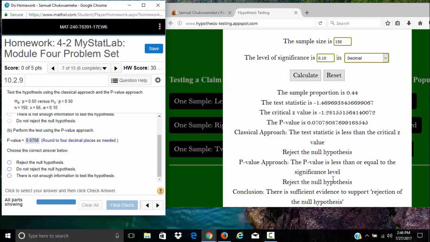If the p-value is greater than the level of significance, you fail to reject the null. So in this case, you still reject the null.